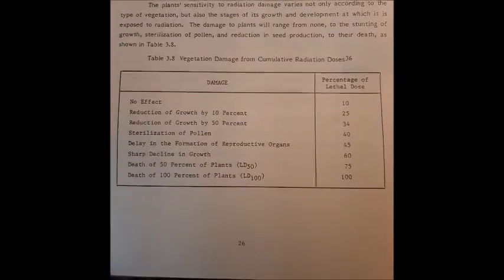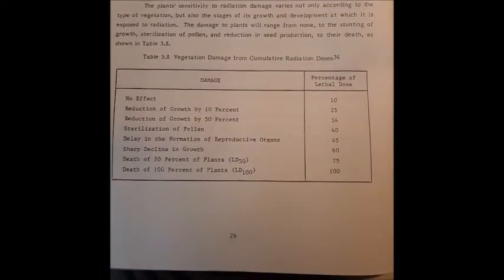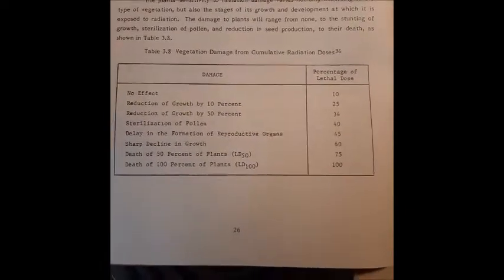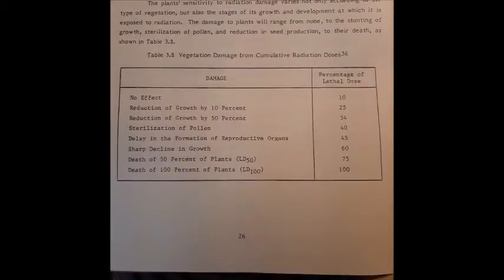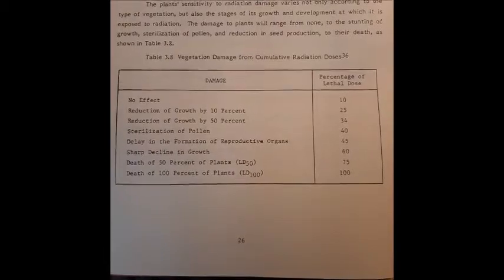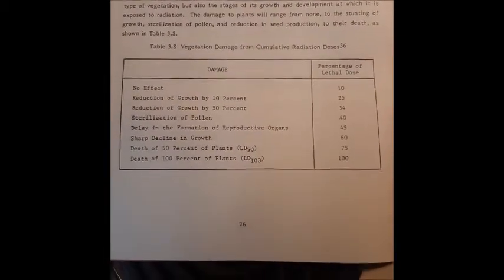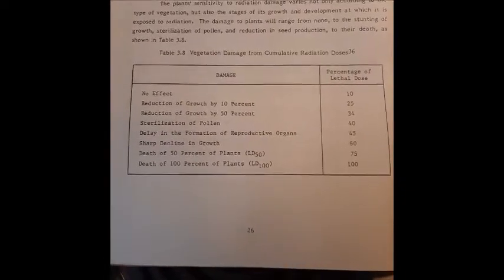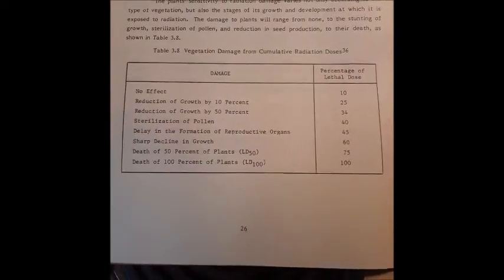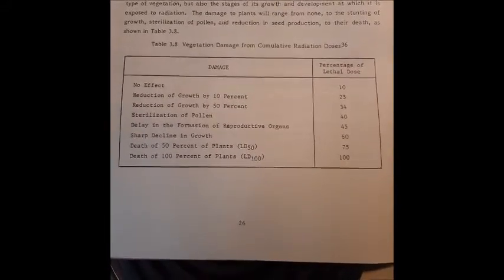This table is very important. This is damage to vegetation from cumulative radiation doses. So what happens is you have a listing here and percentage of lethal dose, and it tells you what happens to the plants. Now, in another table, I will show you the lethal dose for the various farm plants.